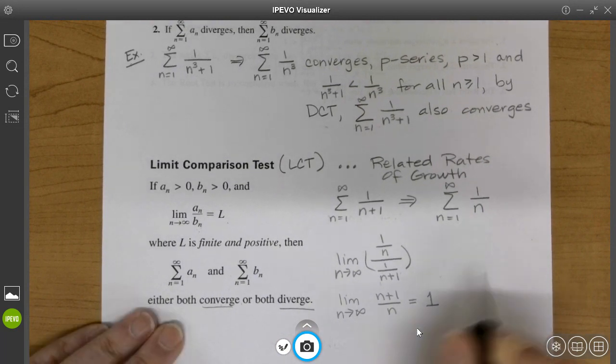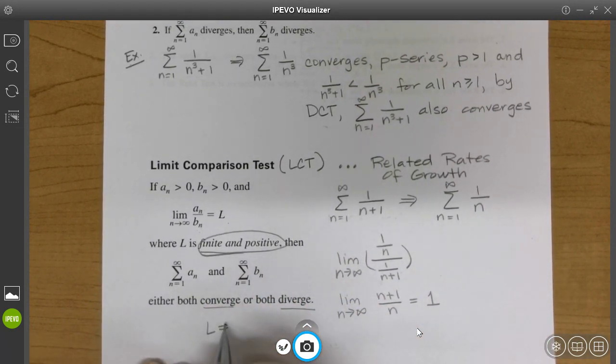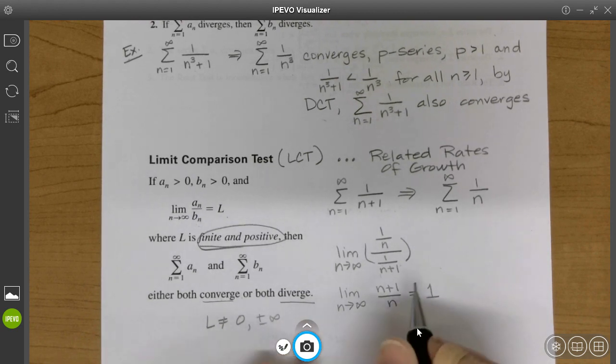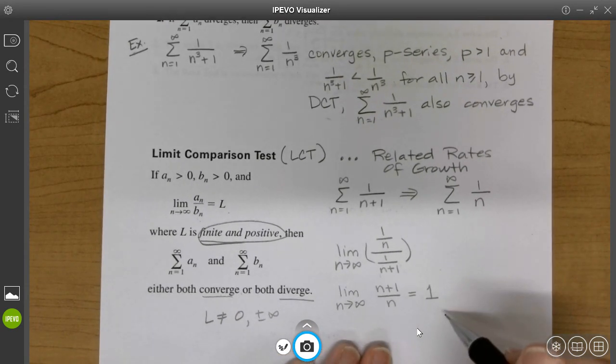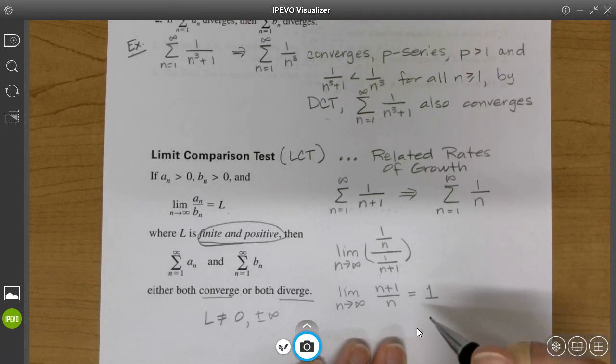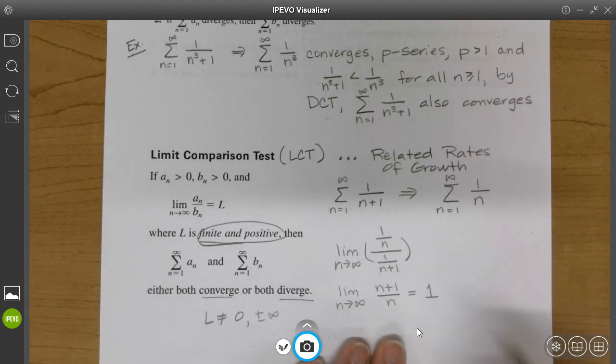Well, so we got a number that was finite and positive, right? So L can't be 0 or any kind of infinity here, okay? But we got a number. So what does that mean? That means these two functions grow at the same rate, which means they will either both converge or both diverge.